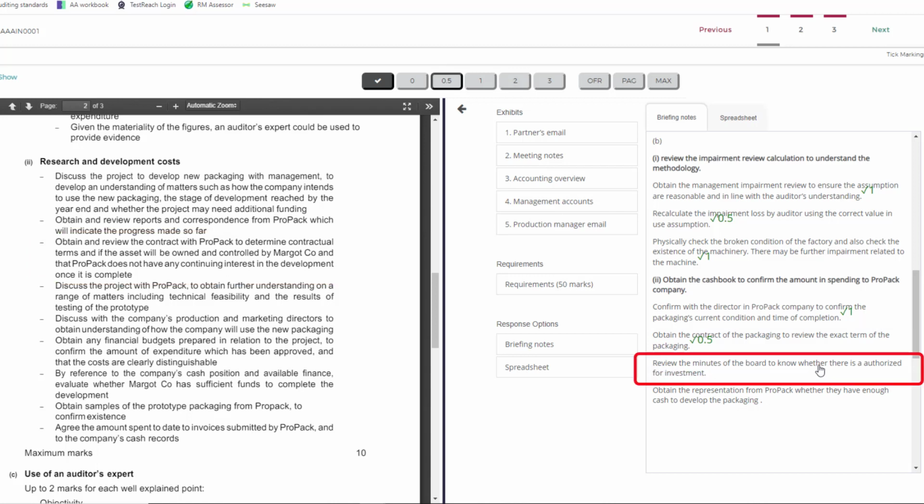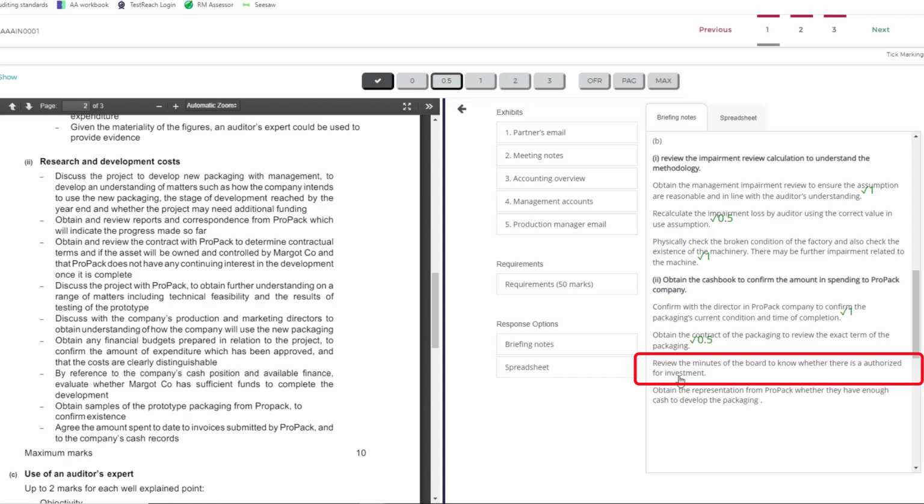On to the next one. Reviewing board minutes to know there is an authorization for the investment. Well, reviewing board minutes is a decent test to suggest if you're running out of ideas, but you have to make it relevant. It has to be, what are we looking for here? Well, knowing whether this investment's been authorized or not doesn't really matter. The money has been spent. So even if it was unauthorized, it wouldn't make any difference as to whether we can capitalize it or not.